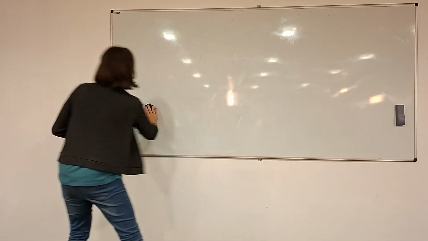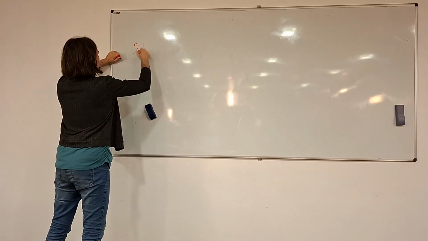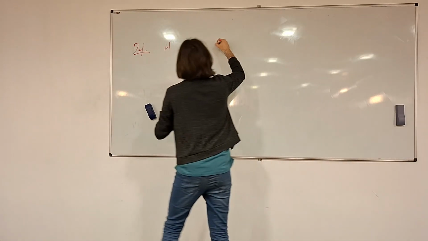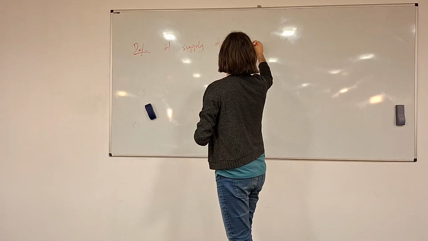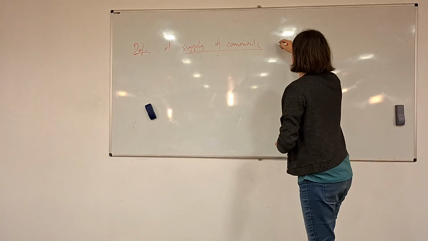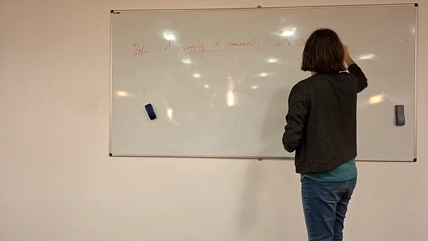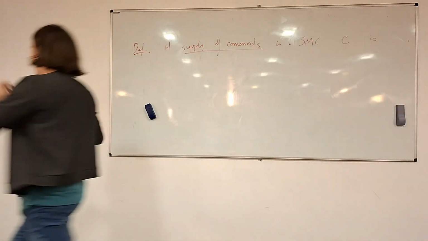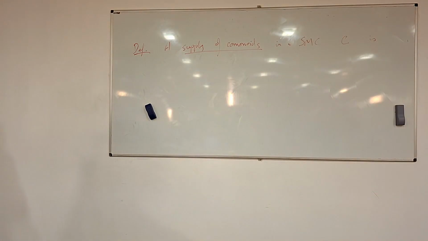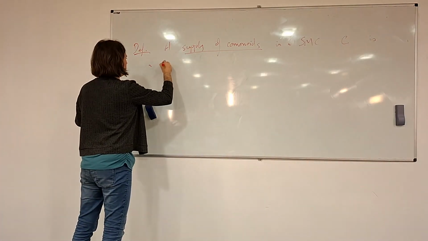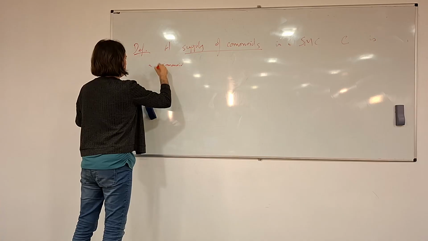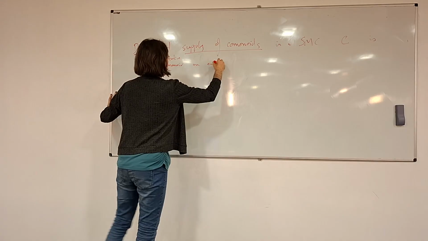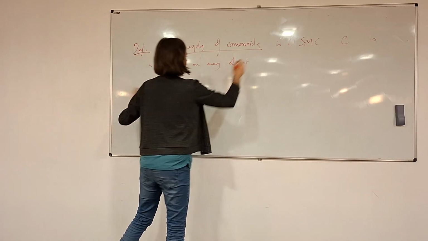So here's an important definition. A supply of comonoids in a symmetric monoidal category C is a choice of commutative comonoid structure on every object, compatibly.